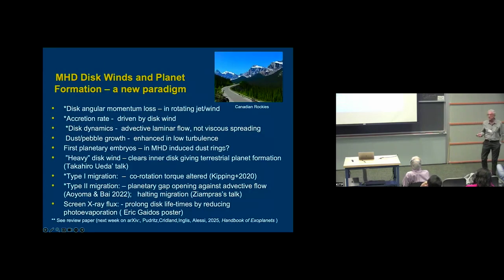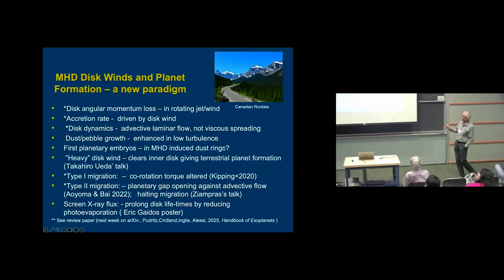I'm going to end this, I have a minute yet, on a new paradigm for planet formation I'm going to propose here, which is I'm just going to go through the list of things that are supported by observations and theory in our community. That is, angular momentum loss is well known in rotating jets and winds. I've been working on this for about 40 years, so I've seen many generations of simulations go by and calculations which affirm this over and over again.